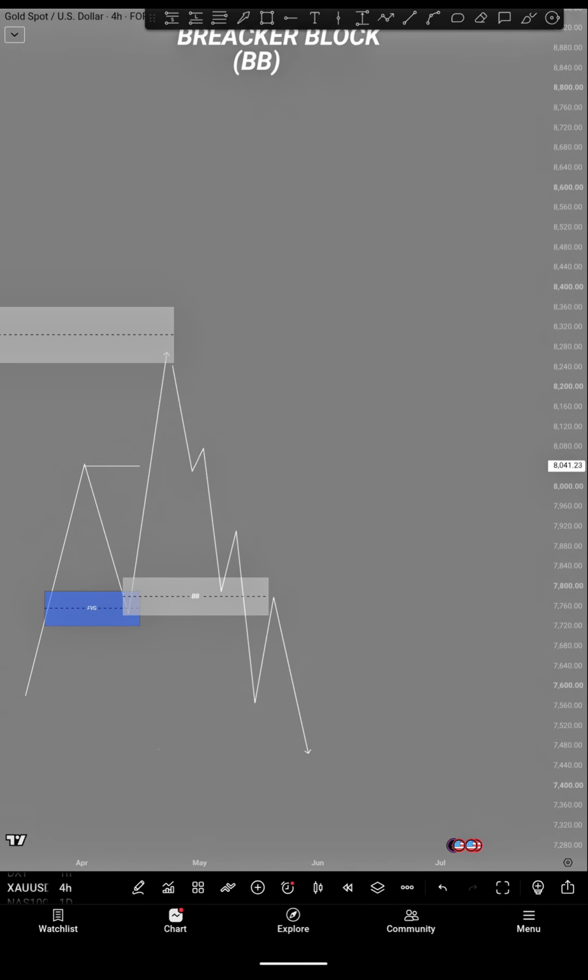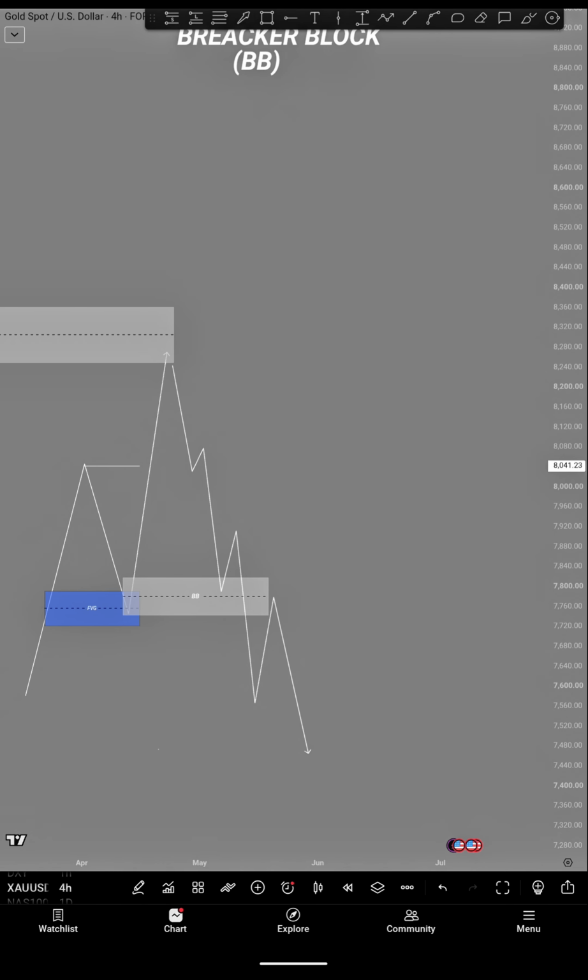Shift in market structure happens on a higher time frame, like the daily structures, possibly the 4 hour structure, the weekly structure. That is where you get a shift in market structure. Change of character happens on a lower time frame. The way I see it, it is short term retracement, maybe a short term pullback before the market continues its initial structure.